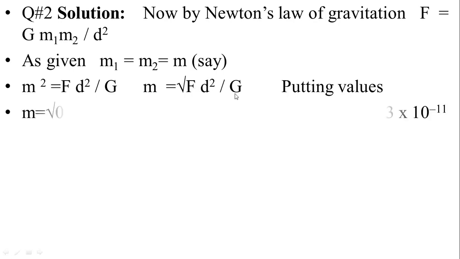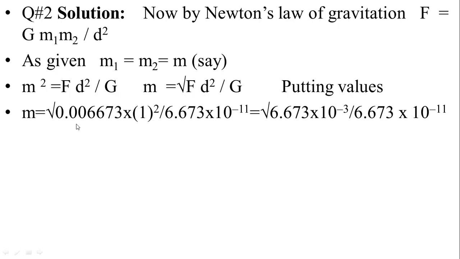Now putting the values: m is equal to the value of F, 0.006673, multiplied by 1 square, the value of d. So 1 square upon putting the value of G, 6.673 multiplied by 10 raised to power minus 11.